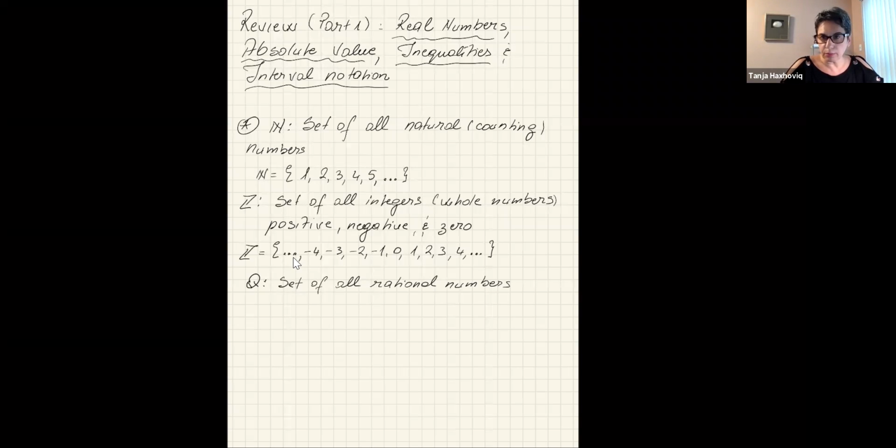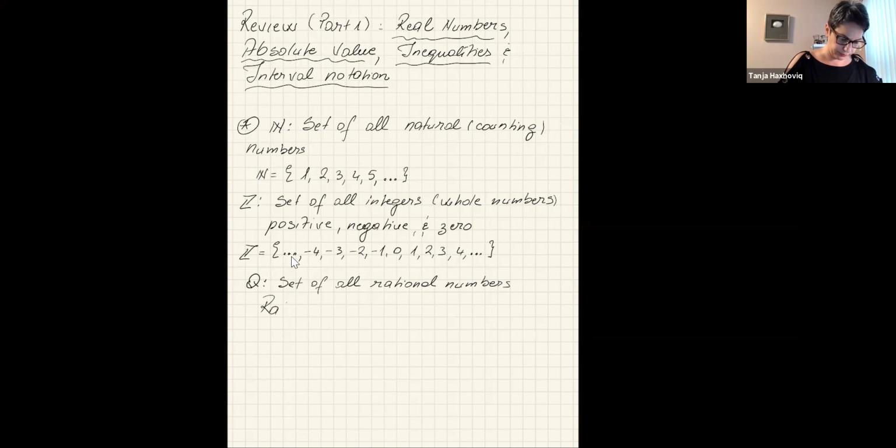Rational numbers are all numbers that can be written as the ratio of two integers, as a fraction. But when I say a fraction, I don't mean a decimal number over some other decimal number, or pi over some number. I mean a whole number over some other whole number, with the understanding that the number in the denominator, on the bottom, is not zero. So here's a loose definition of what we mean by rational numbers.